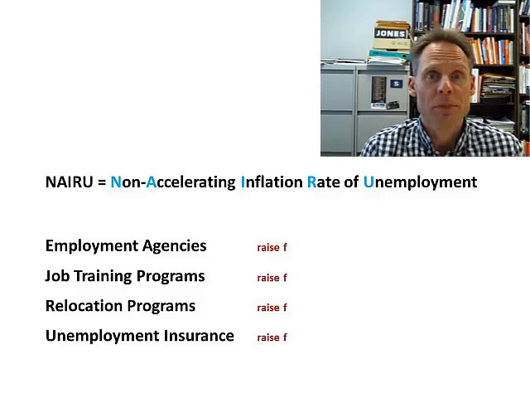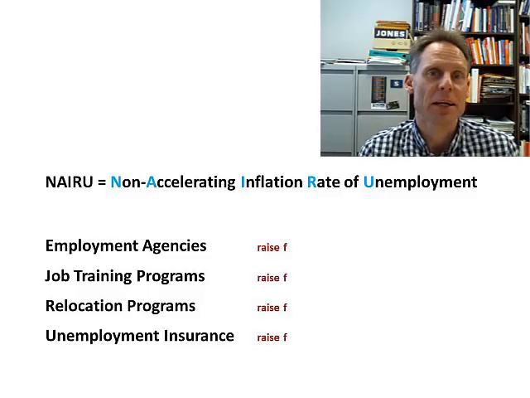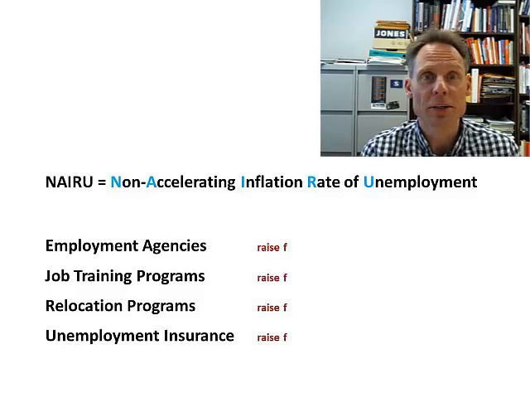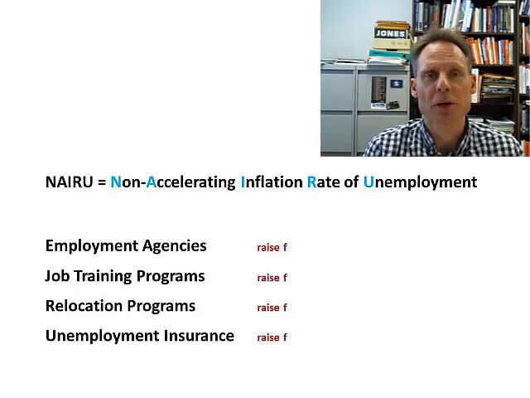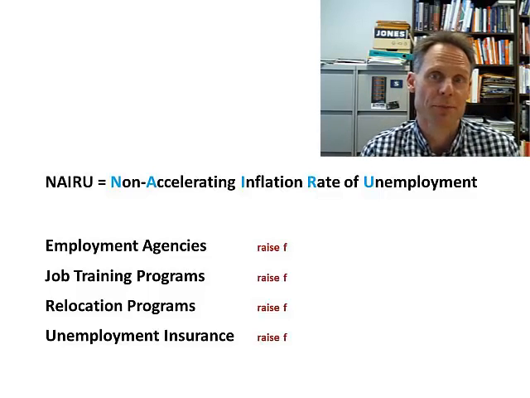Another one that they can do is to do job training programs. Job training programs will train the unemployed to better match the skills that is needed in the economy and by the employers. A third factor is relocation programs. Relocation programs will move or help unemployed people move to the location where the jobs are.